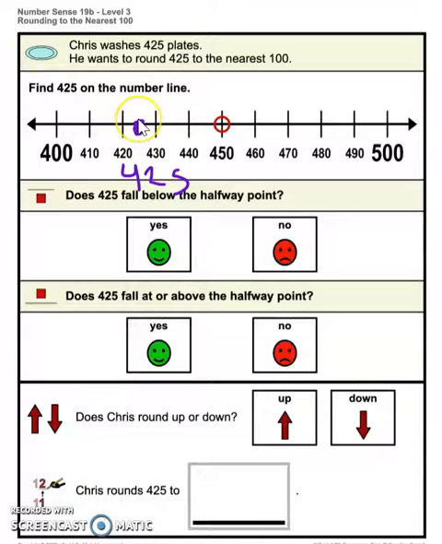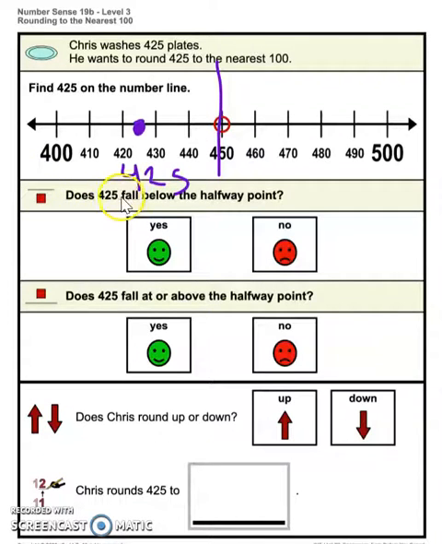Okay, so now we need to answer some questions. Does 425 fall below the halfway point? Well, where's the halfway point, guys? That's right, that's that red dot. And I like to make a line here so we make it really obvious.